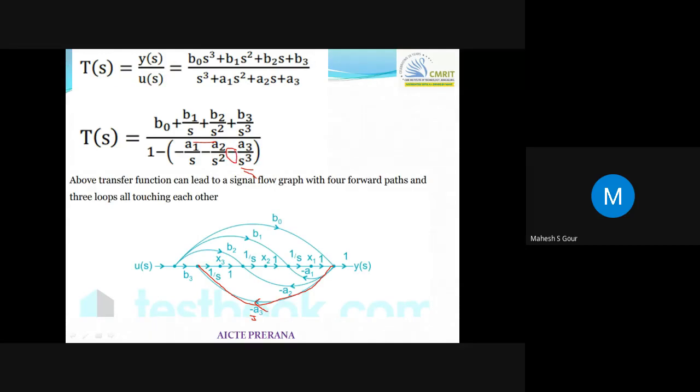Done. So this 1 by s is this 1 by s into 1 by s into 1 by s, so it is becoming 1 by s cube. Similarly for a2, when I take like this, it is again multiplying 1 by s and 1 by s, so it is becoming 1 by s square. Understood now?